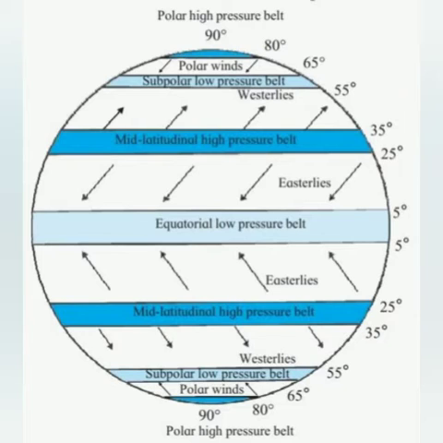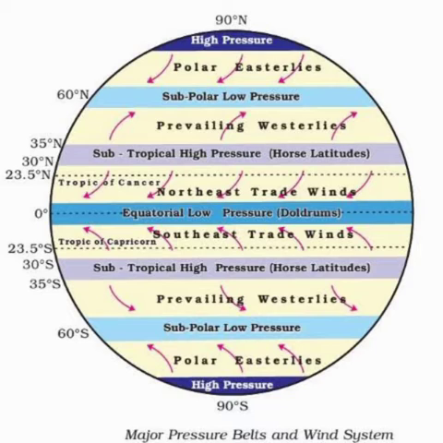So that's why the pressure from 0 to 90-degree north and south ranges from low to high. The 0-degree equator line has high temperature and low pressure. In the same way, the North Pole and South Pole get high pressure, moving from the 0 degree to 90-degree north.